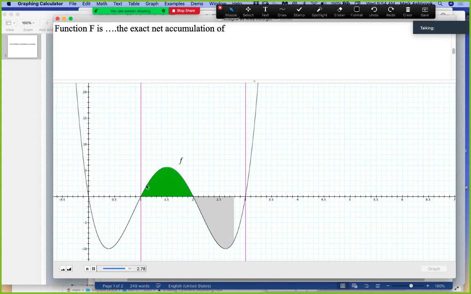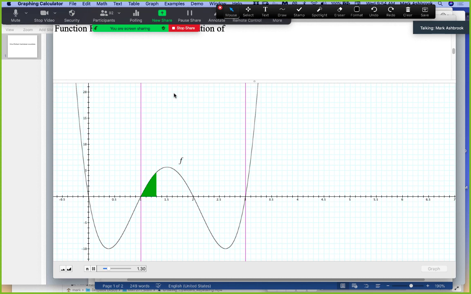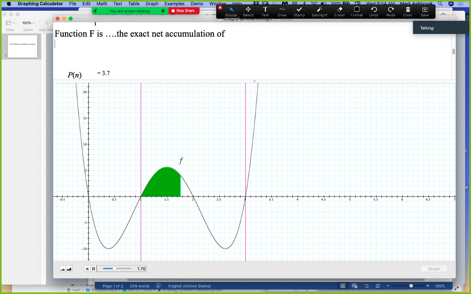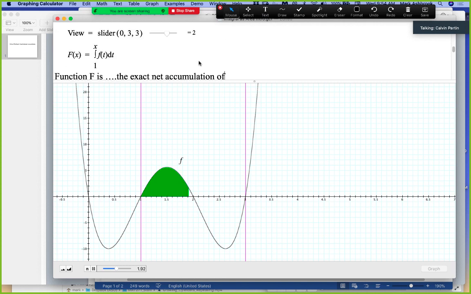So accumulating the function values and accumulating the area of the region, same or different? The area of the region is always positive.